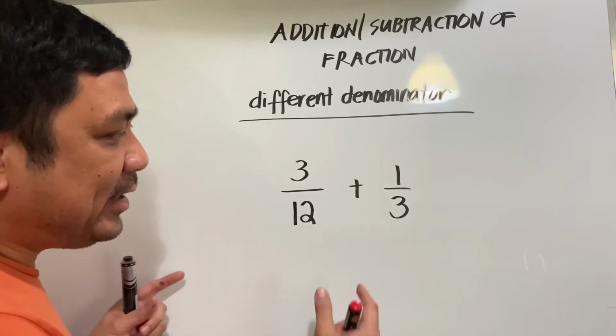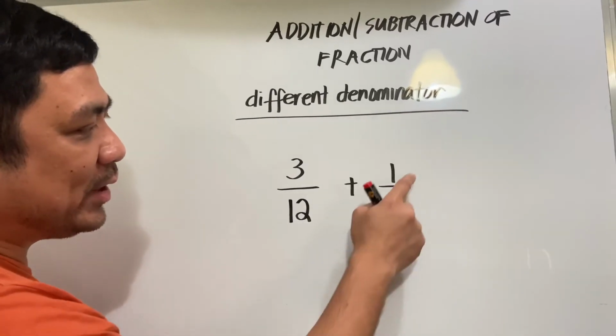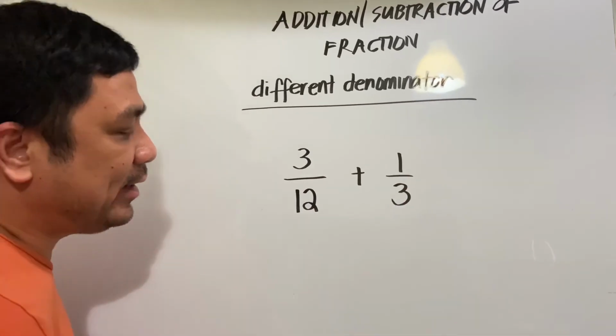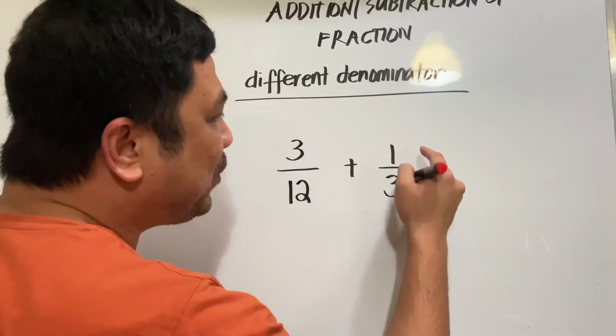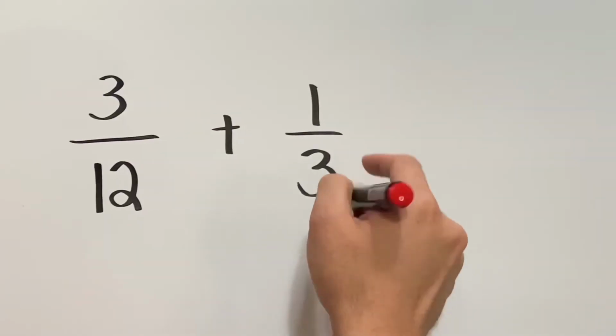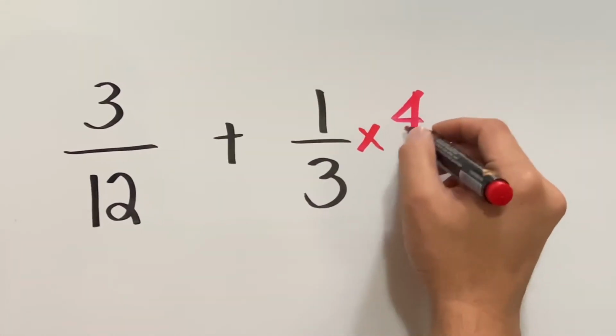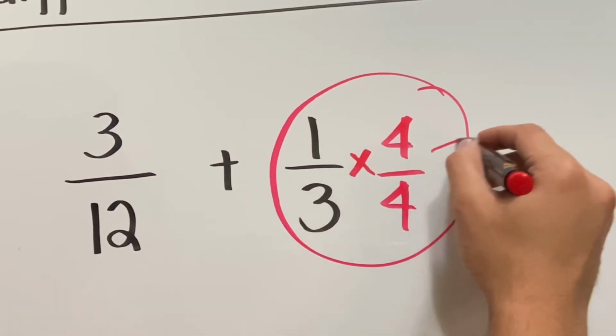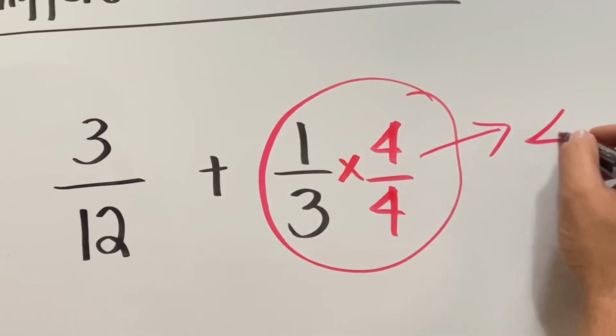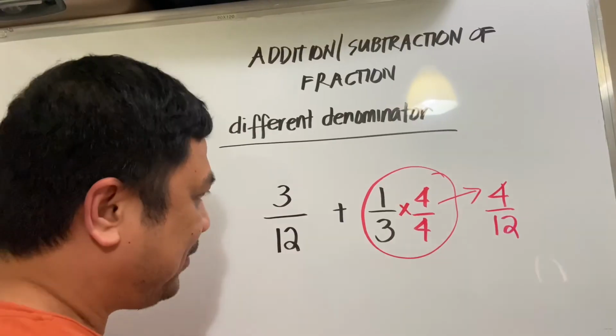Our target here is to make their denominators equal. So what you will do with 1/3 so that you get a denominator of 12? You have to multiply both numerator and denominator by 4. So this fraction now will be equal to 4/12.